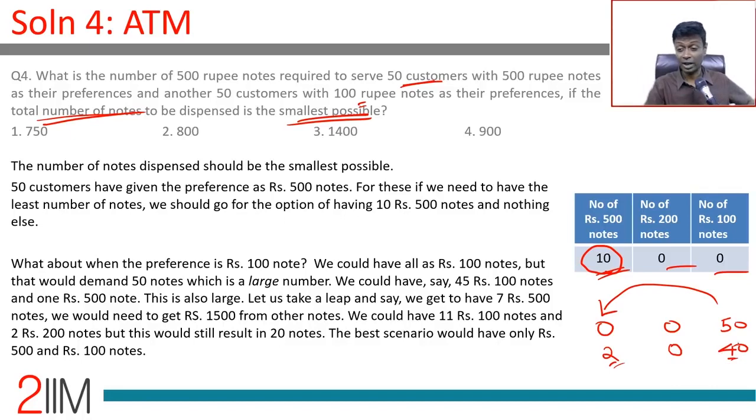We can replace more. Every time we cut 5 here, we can add 1 here. So we can have 3 and 35. We can have 4 and 30. We can keep doing that till we get the best point. So 4, 30 works. 5, 25 works. 6, 20 works. 7, 15 works. 8, 10 works. 9, 5 does not work.